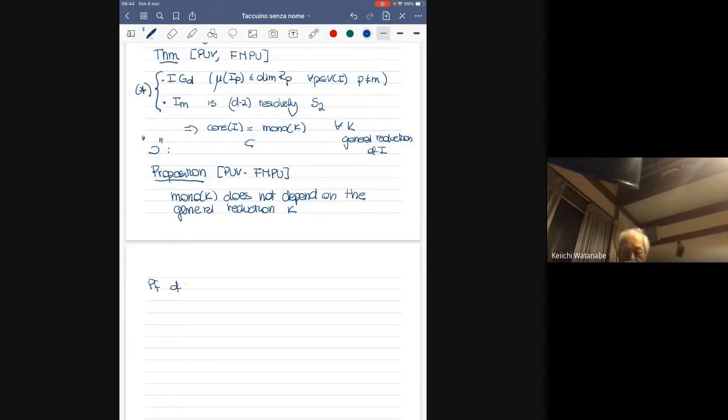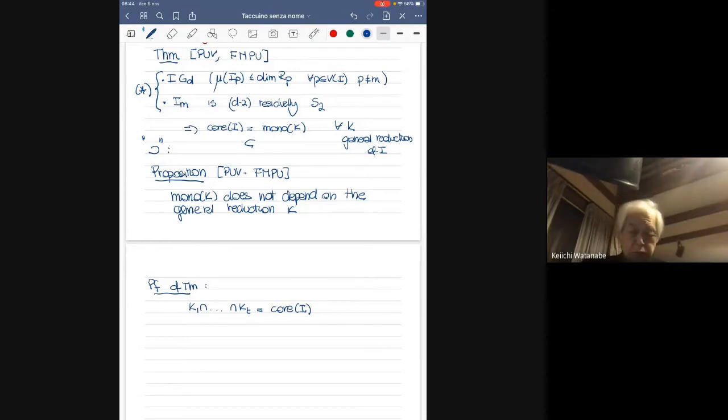Why? Let me outline it here. Remember that this condition star, I did not put this condition last time, but it was actually the condition that we needed in the local case with Corso and Ulrich to prove that the core is a finite intersection of general minimal reductions.